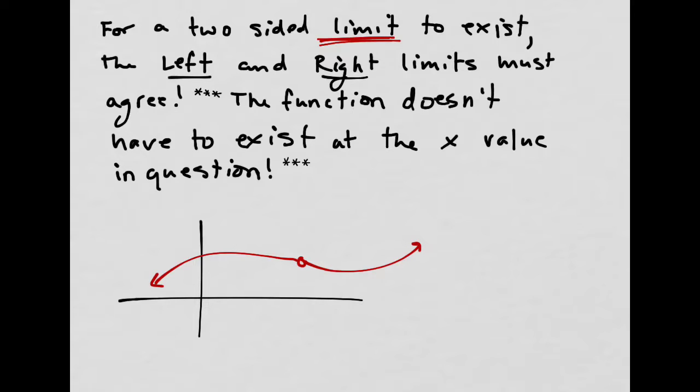This is not continuous. However, the limit at x equals a exists. It's whatever y value it lines up with. So the function doesn't have to exist there for the limit to exist there. That's something that people always forget. And this is one of the special cases.